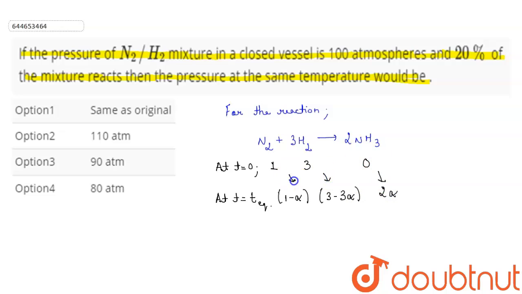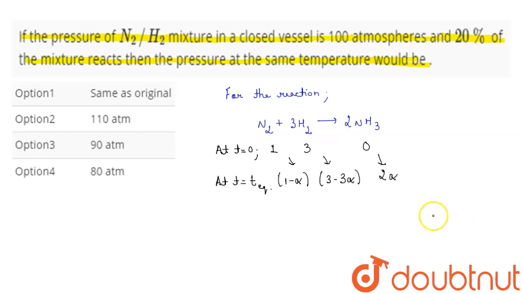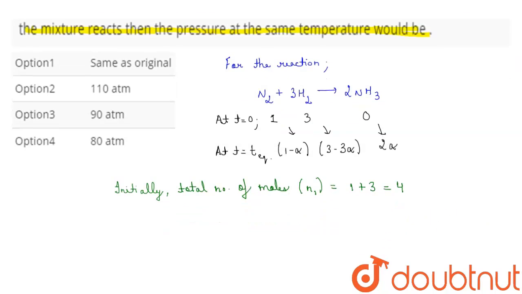Now moving forward. So basically by stoichiometry of the reaction, initially total number of moles, let's consider this as N1, will be 1 plus 3, that will give 4, right?